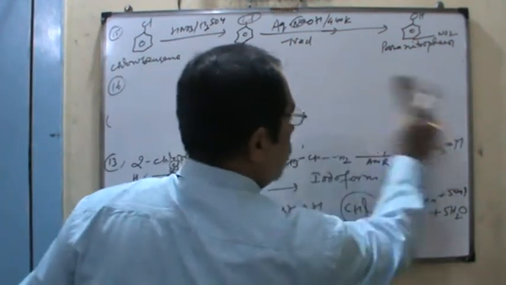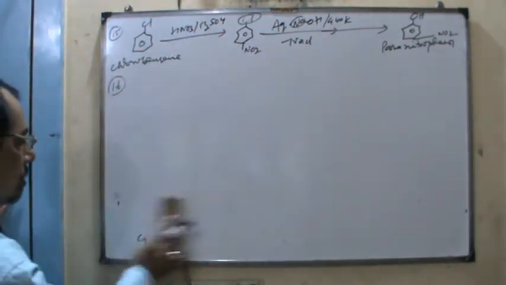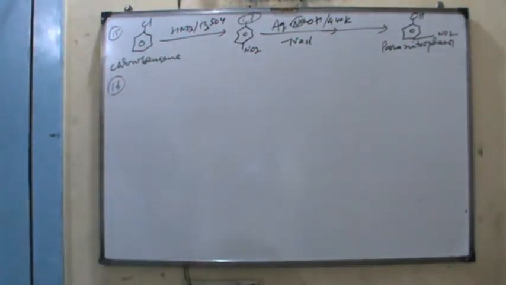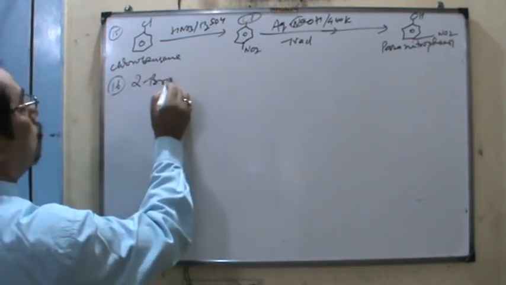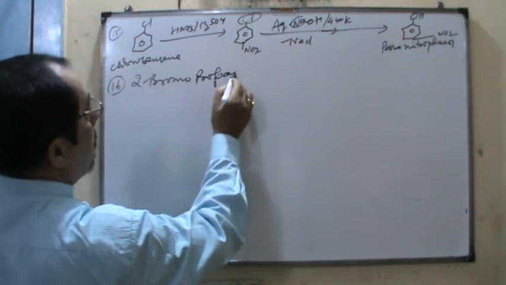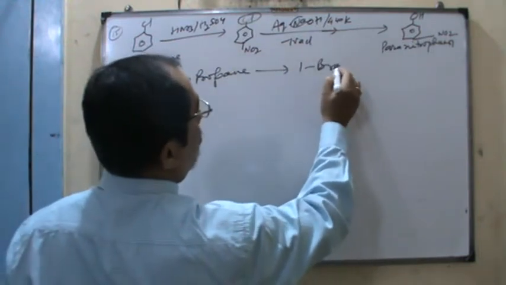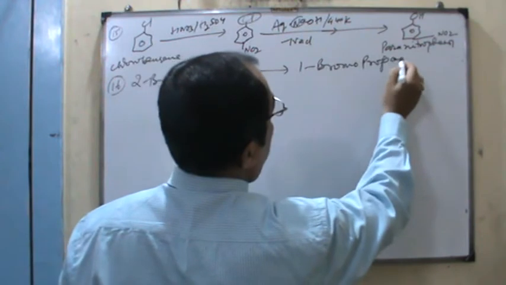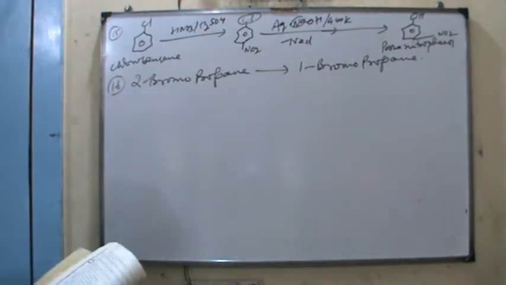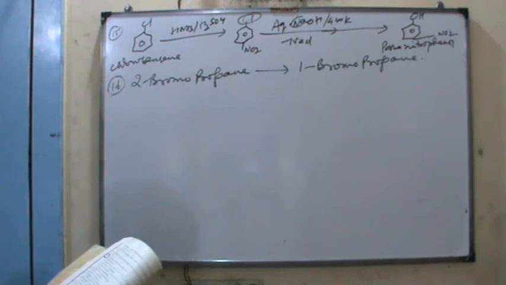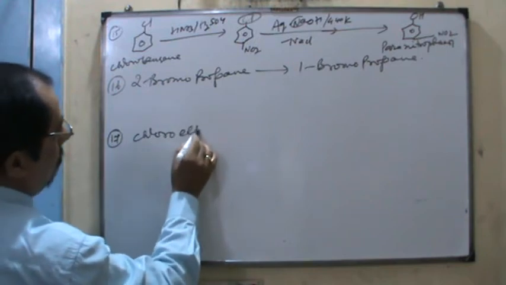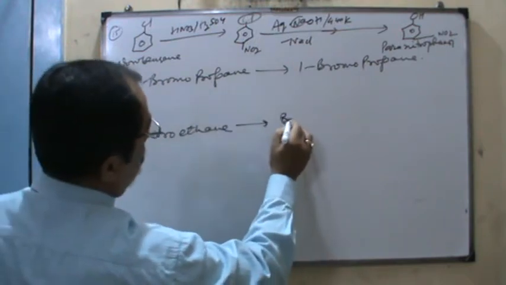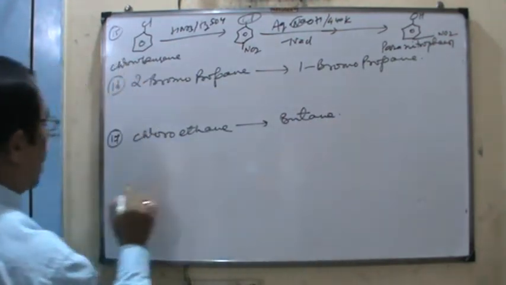Now, question number 16 from your textbook: 2-bromopropane to 1-bromopropane. Question 17 is chloroethane to butane.